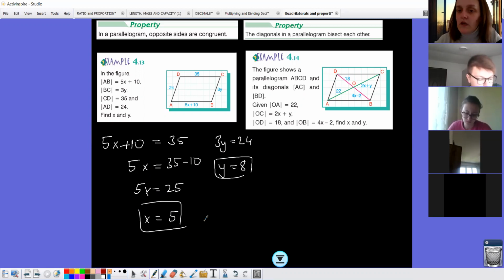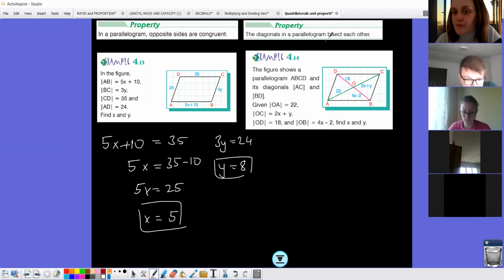You found it. Here, this question shows a parallelogram and its diagonals AC and BD. OA is given as 22, OC is given as 2x plus y, OD is given as 18, and OB is 4x minus 2.